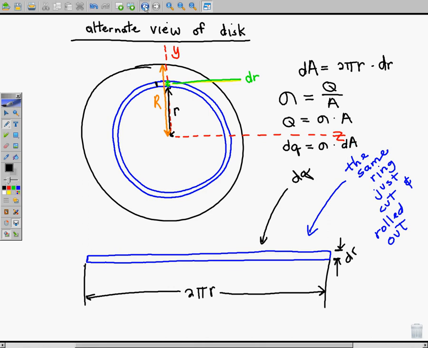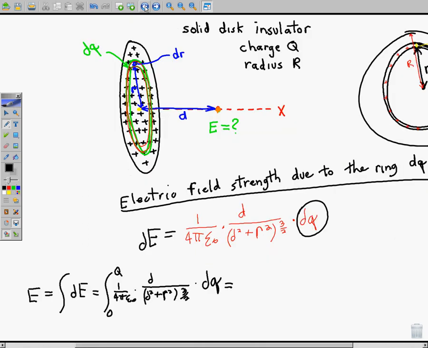So let's just put it all together now. So this here is going to be the integral of 1 over 4 pi epsilon 0 times d all over d squared plus r squared raised to the 3/2 times dq. But instead of saying dq, I'm going to say sigma dA.